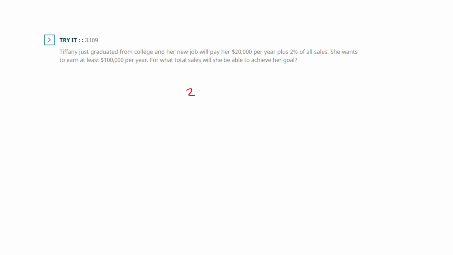So on this one, we've got $20,000 plus 2%. We're going to call sales x. So this one I think is a more traditional way you'll see it. She wants to earn at least $100,000. So she'd be happy with $100,000 or greater than that. She'd like to go over it. So this is my inequality. I'm going to leave the factor puzzle toward last, so I'm getting rid of the 20,000. So I've got 0.02x is greater than or equal to 80,000.